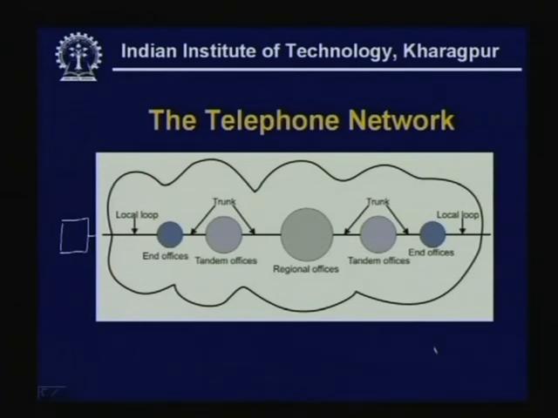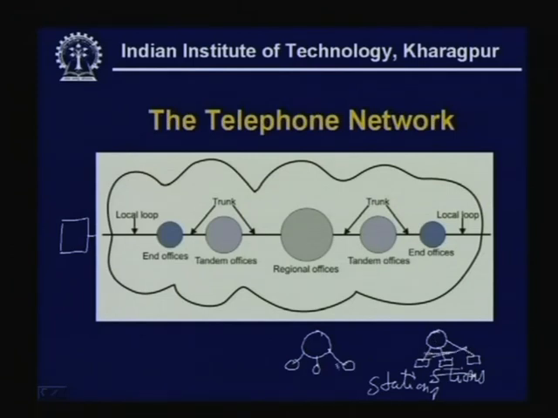That means, one end office will connect to a number of stations. Similarly, a tandem office will connect to a number of end offices. So, these are stations or telephones you can say, and this is your end office, and these are all local loops.